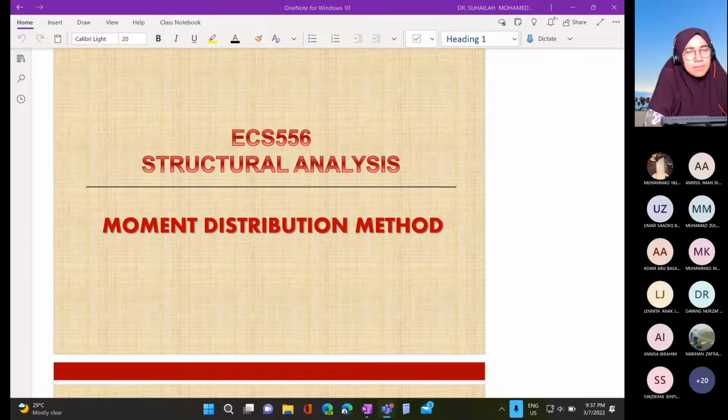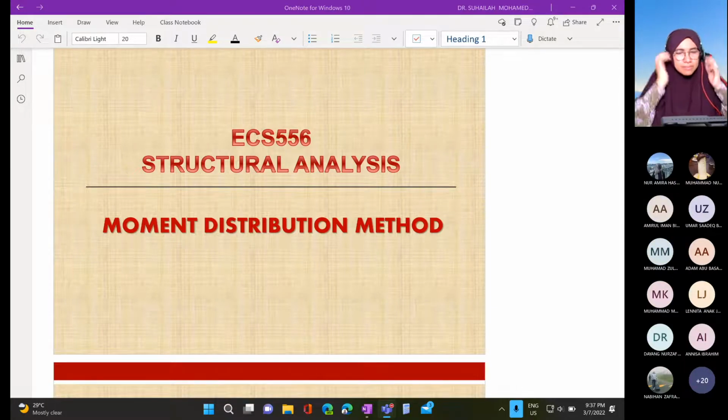Polytechnic. Polytechnic. Any others? Those from matriculation, are there any? Is there anyone who has never learned this topic, moment distribution method, before this? Because those from polytechnic, from diploma, you have actually learned this, right?